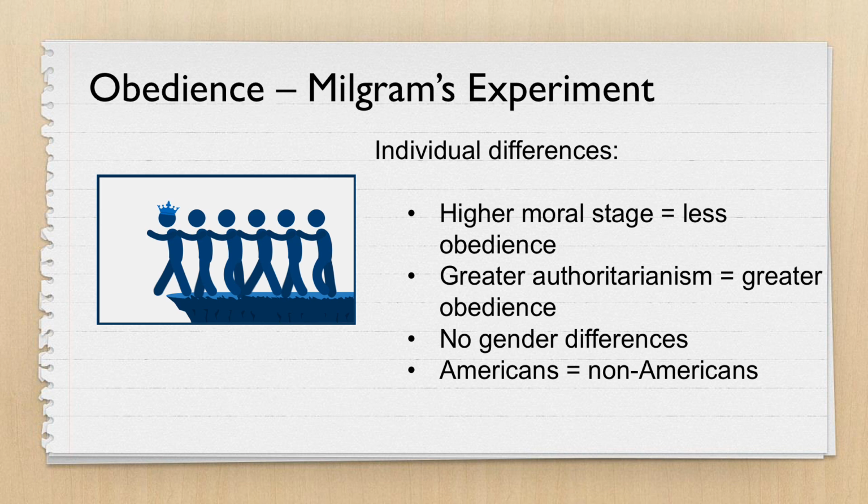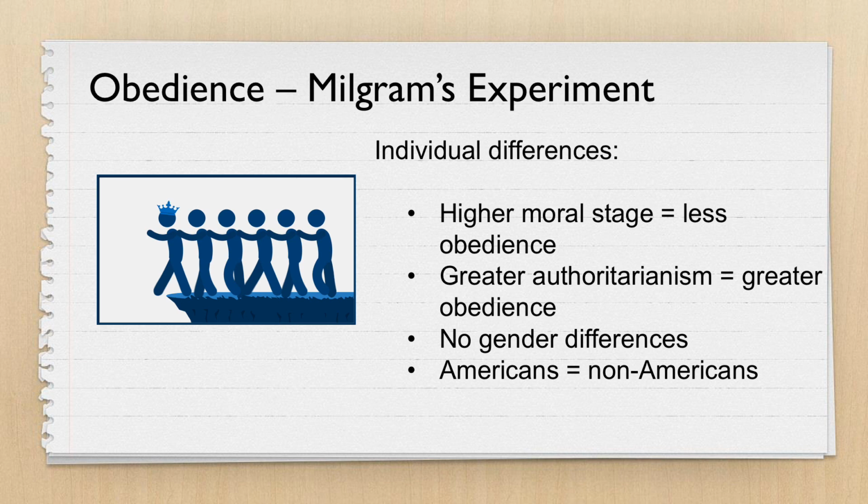Although obedient and disobedient participants were similar on most personality variables, there are a few individual differences in how likely people are to obey. The first is morality. More moral people are less likely to obey. More moral people are more willing to break the rules compared to less moral people, particularly if the rules are perceived as not fair.